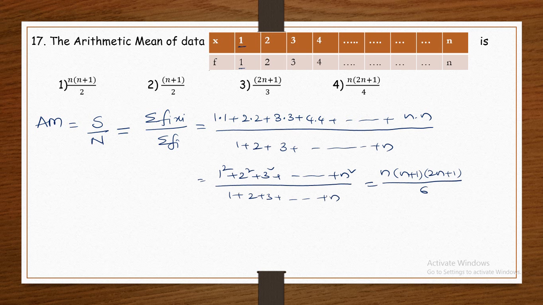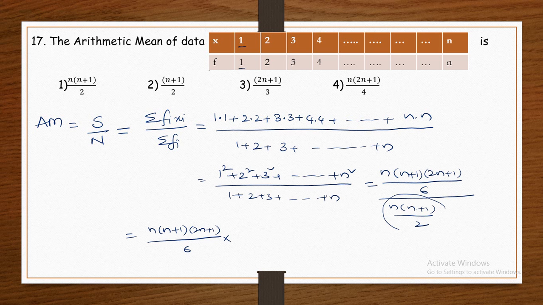The sum of the first n natural numbers is given by n into n plus 1 divided by 2. Now I can write this as n into n plus 1 into 2n plus 1 divided by 6, divided by this denominator part.